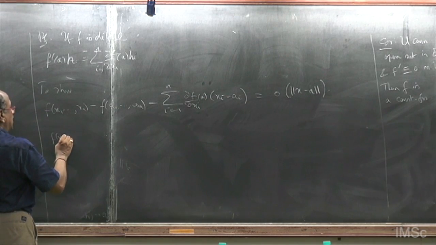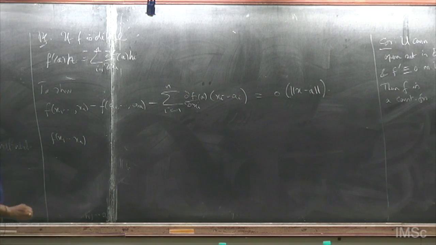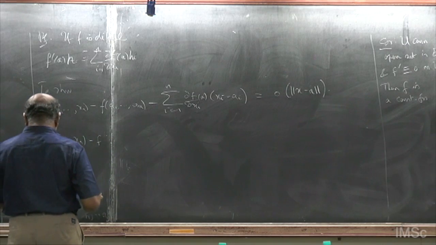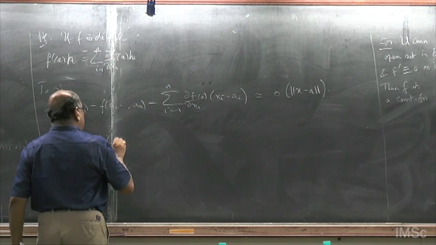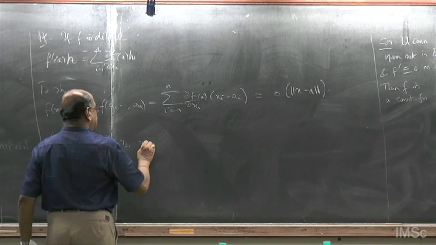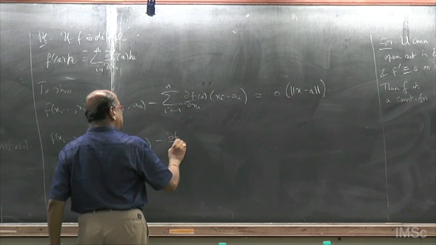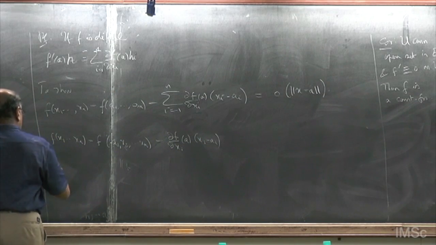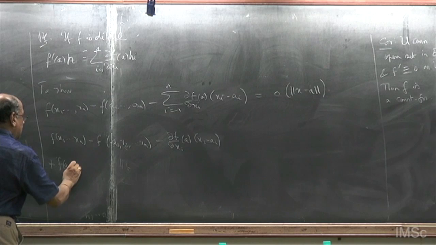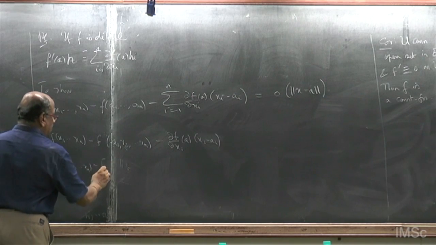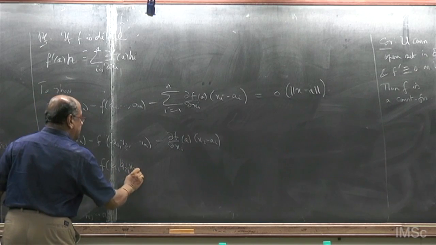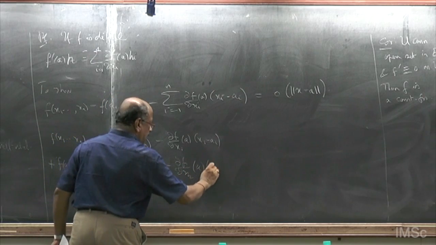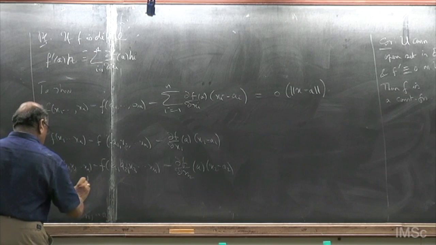I write f of x1 ... xn minus f of a1 x2 ... xn minus df by dx1 of a times x1 minus a1, plus f of a1 x2 ... xn minus f of a1 a2 x3 ... xn minus df by dx2 at a times x2 minus a2, and so on.